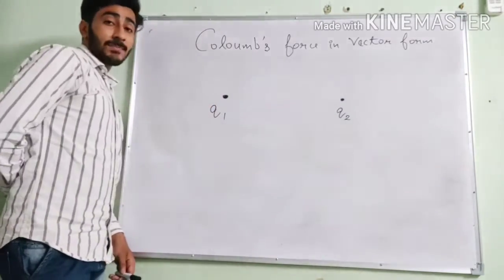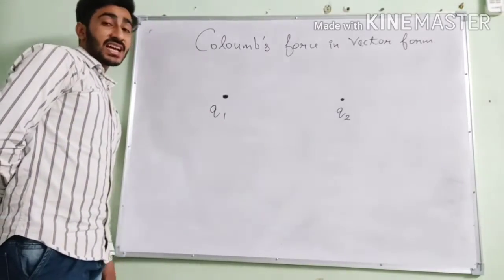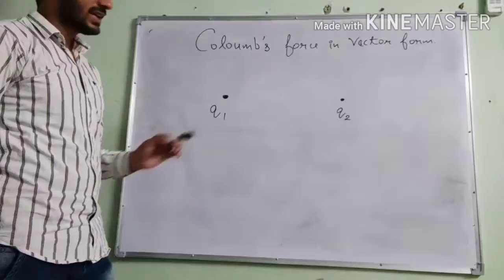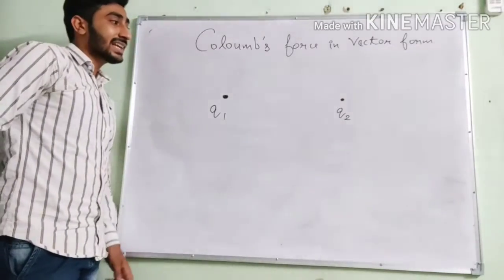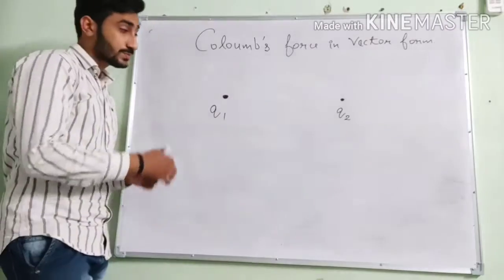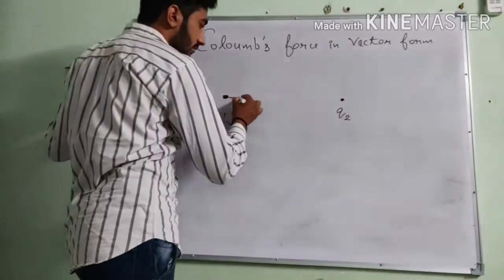I am doing the part of like charges. For the unlike charges, you will do it by yourself. If you face any doubt, it is just the same, just the direction is changed. If you face any problem, you can text me, I will send you. Now Q1, Q2 are like charges separated by a distance.